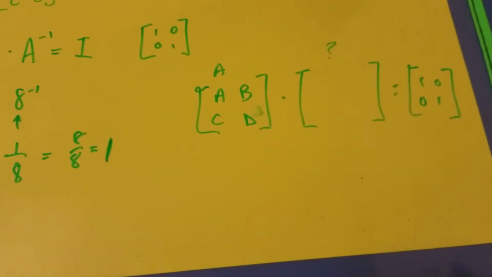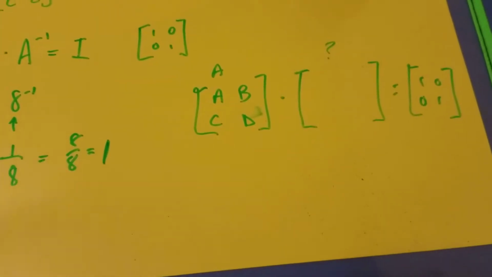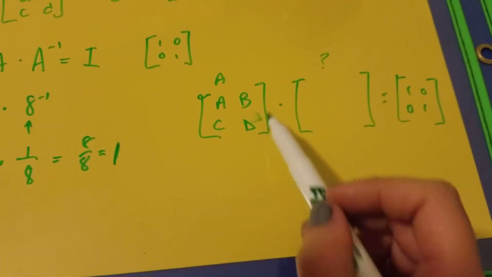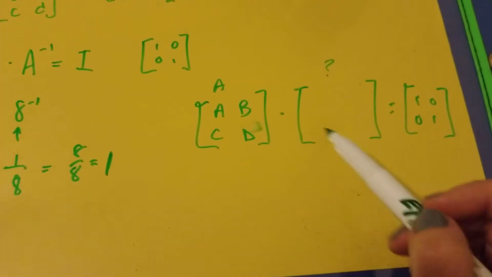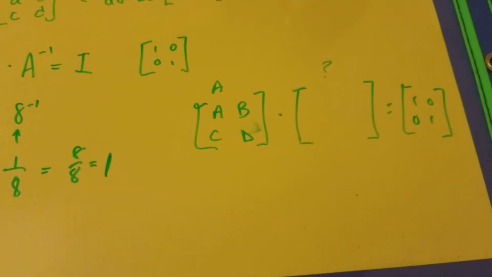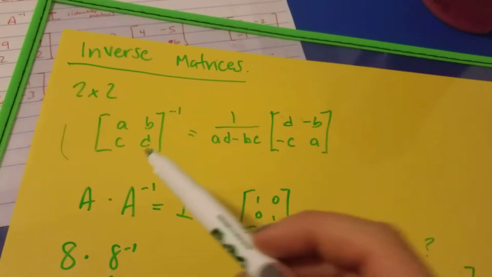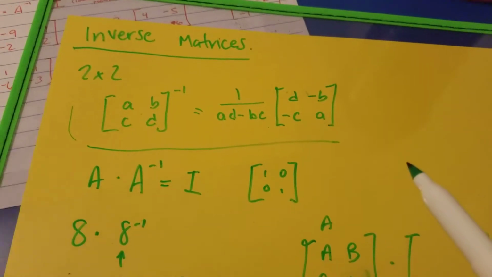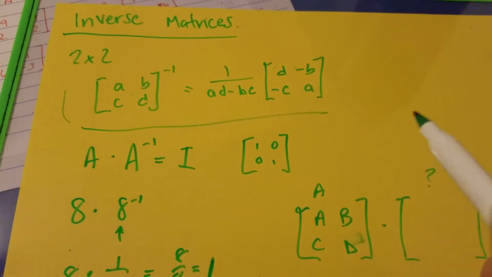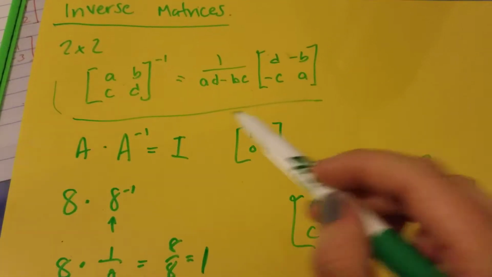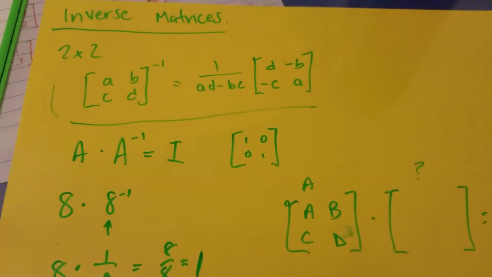Now, unfortunately, we can't divide matrices, so we can't divide the identity by the first matrix to get that inverse matrix. So we have to use that formula. But there's also another method. Let me do an example using this formula, and then I'll show you the other way.